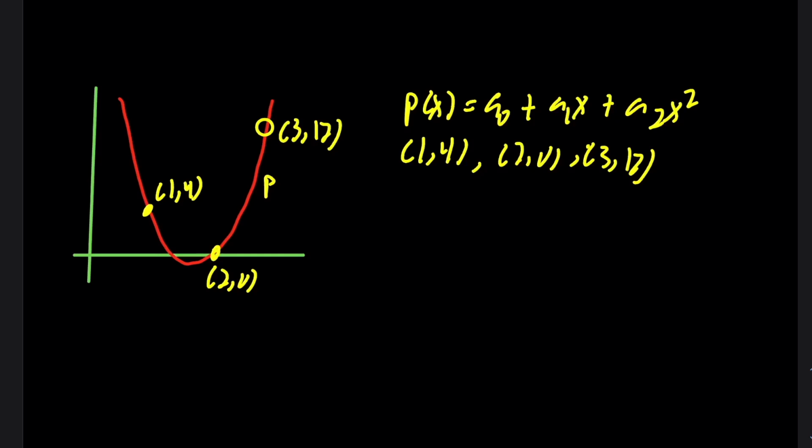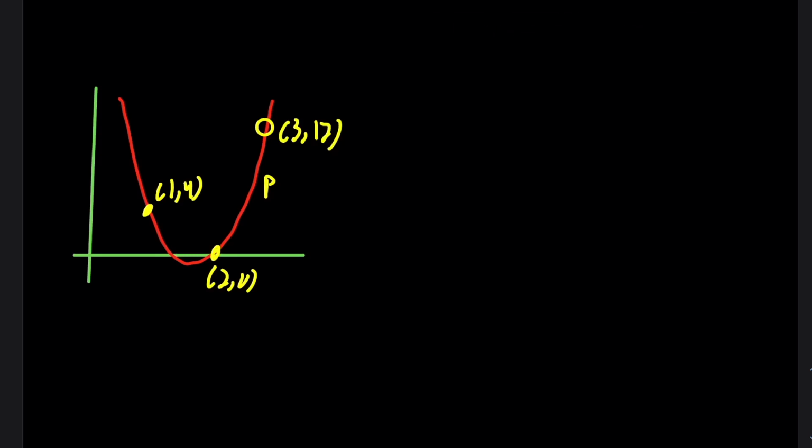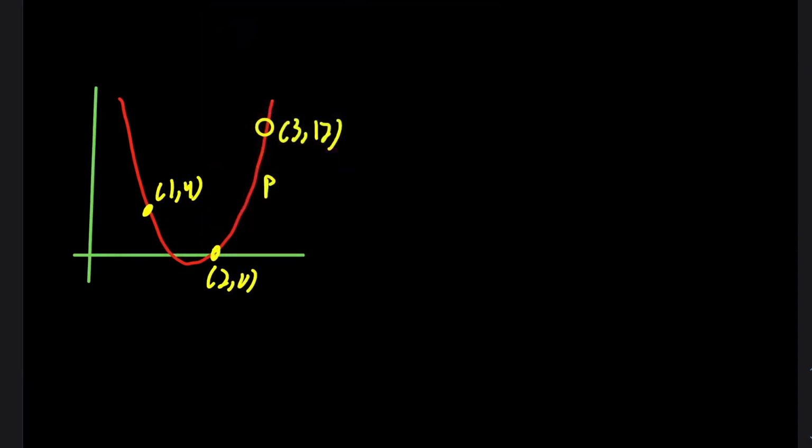Okay, so we're given 3 points. What does that mean exactly? Well, with these 3 points, we know what p is at 3 different x positions. Now, what do I mean by that? Let me make this smaller so it's still legible. The first point, 1, 4. What does that mean as an equation?